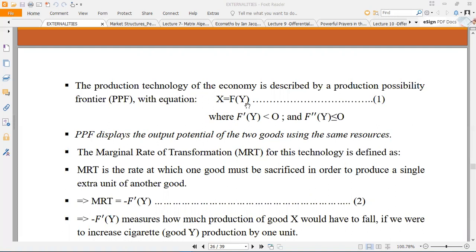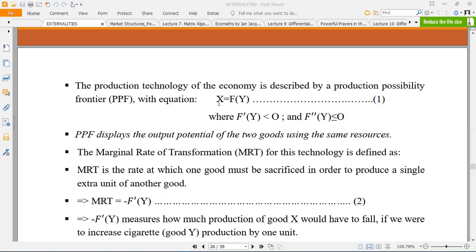Here the first derivative, f prime of y, is less than 0. It is negative, and being negative gives us a picture of the inverse relationship between the two goods, the opportunity cost that exists between them. As you try to produce more of one, you have to produce less of the other.